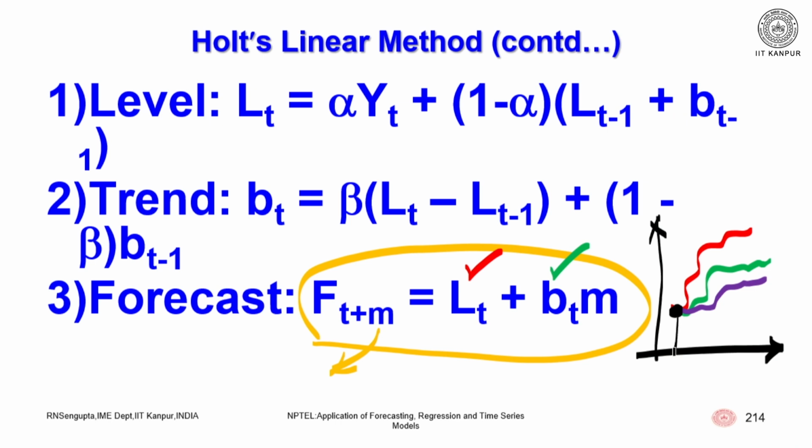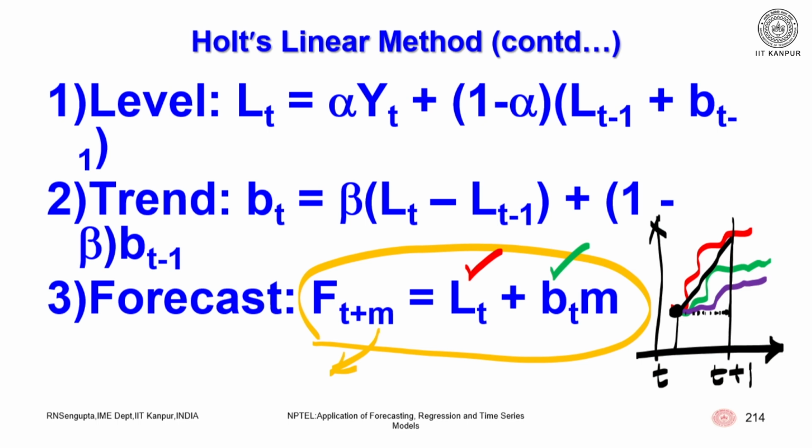If I divide into 2 time frames, consider this is T and this is T plus 1. It can be T plus M also. The trend technically would be, this is the base, this is the height, so if I take the tangent, it will give me the increase per unit time. That is why M is being multiplied.